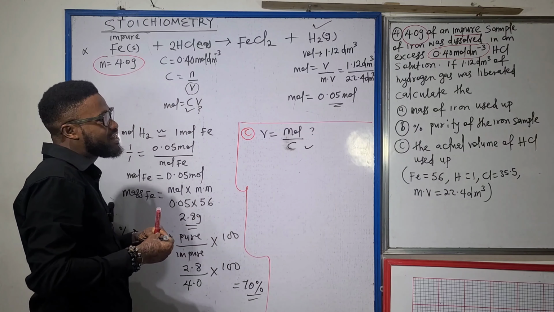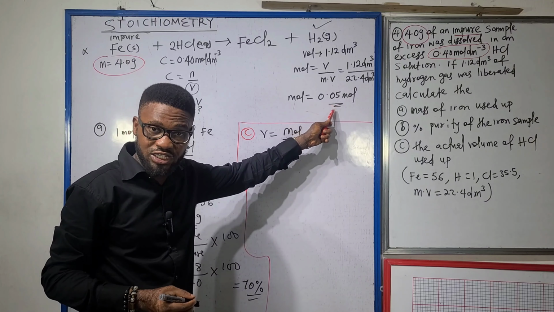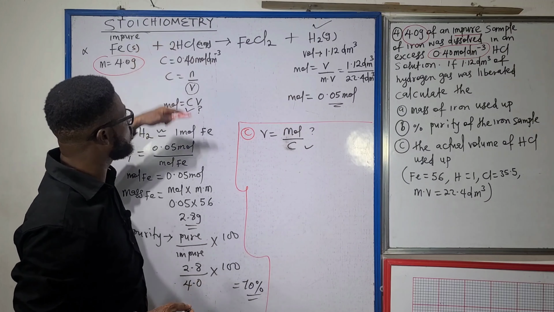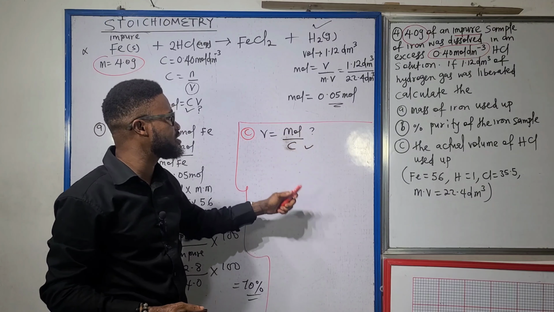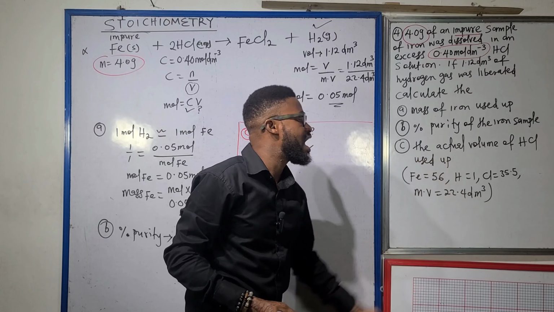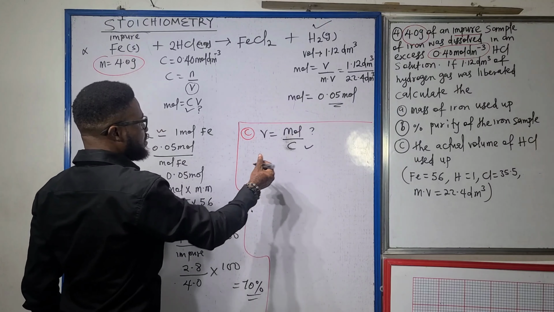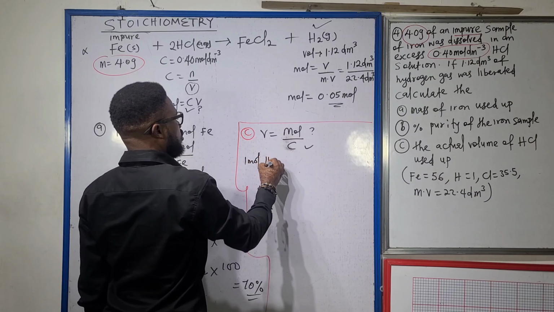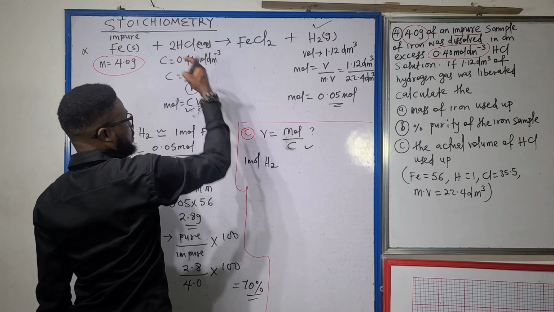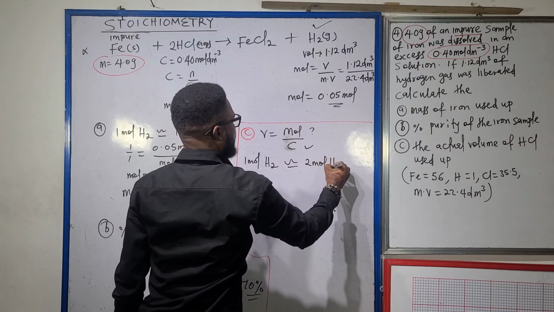So the implication of this is that I still need to use this 0.05, which is my key, to get the mole of the HCl, because without getting the mole of the HCl, I cannot calculate the actual volume of HCl used up. So I would say 1 mole of hydrogen gas is stoichiometrically equivalent to 2 mole of HCl.